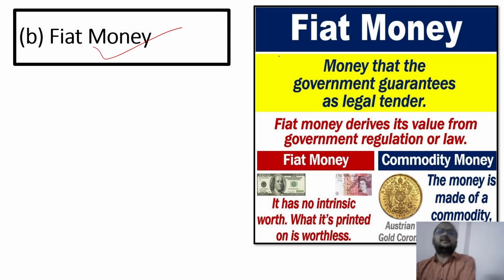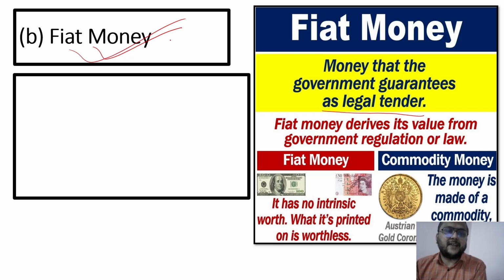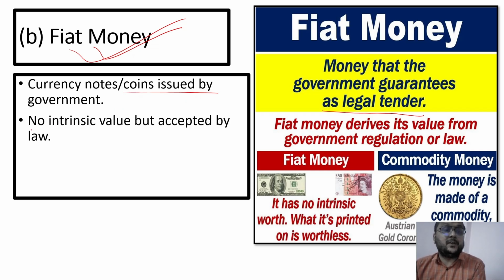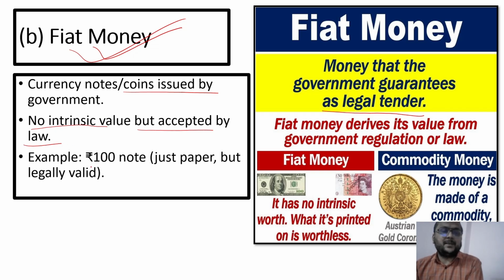Next is fiat money. This is currency or money that the government guarantees as legal tender. It doesn't have intrinsic value, but because of the law, because of the legality, it has value. Currency notes or coins issued by the government are fiat money. For example, a rupees 100 note is just paper, but it is legally valid.